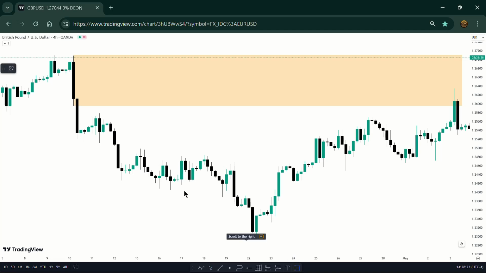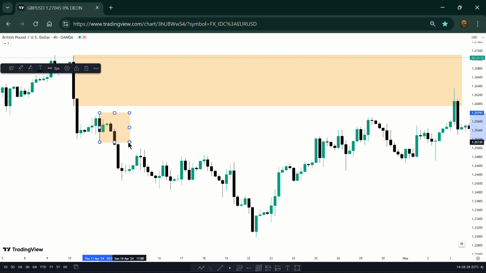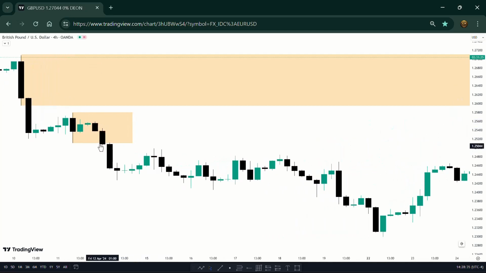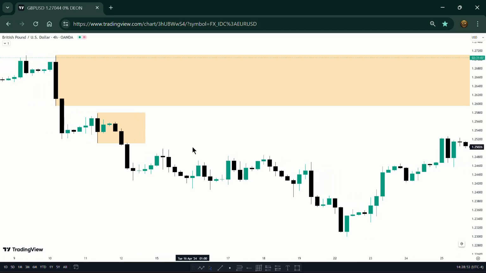If you draw out this one also like that, you can see after this candle confirmed our single candle order block, this one just came, opened, and then reacted to it, and then started running to the downside. Sometimes the reactions are too fast. You just need to be able to catch them as fast as possible.